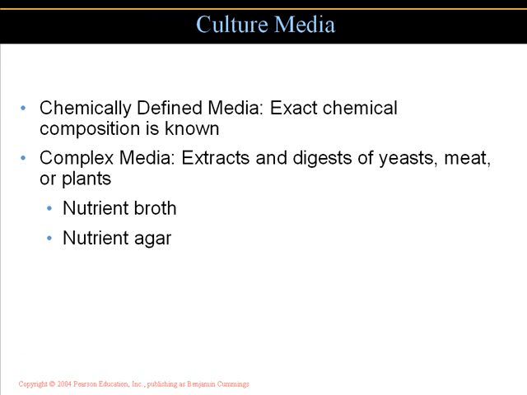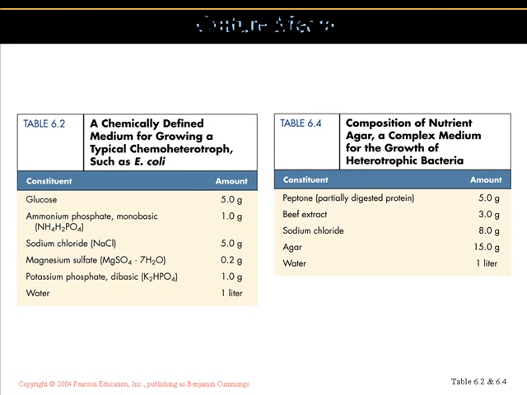These are special types of media that can be used to grow certain types of microorganisms. You can add specific nutrients into this culture medium. They have nutrient broths, and then nutrient agars can be used. Again, special media to grow special organisms, using specific types of substances.